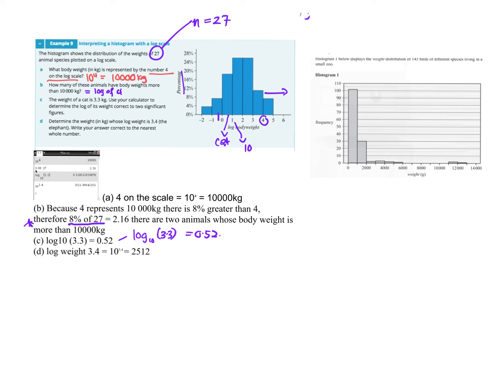All right, so here, remember we did the 143 birds before, and we had that histogram? It was a bit silly, because we've got some birds that weigh a lot, like our emu, our ostrich. I don't know how heavy they get, maybe about 80 kilos. This was in grams.